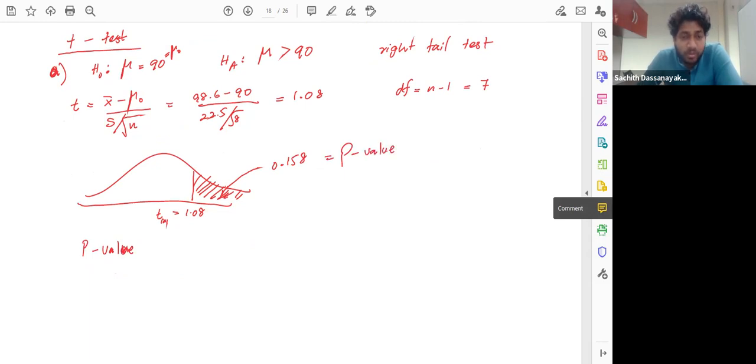Your p value is greater than alpha, 0.05. It's greater than, so we do not reject our H naught.